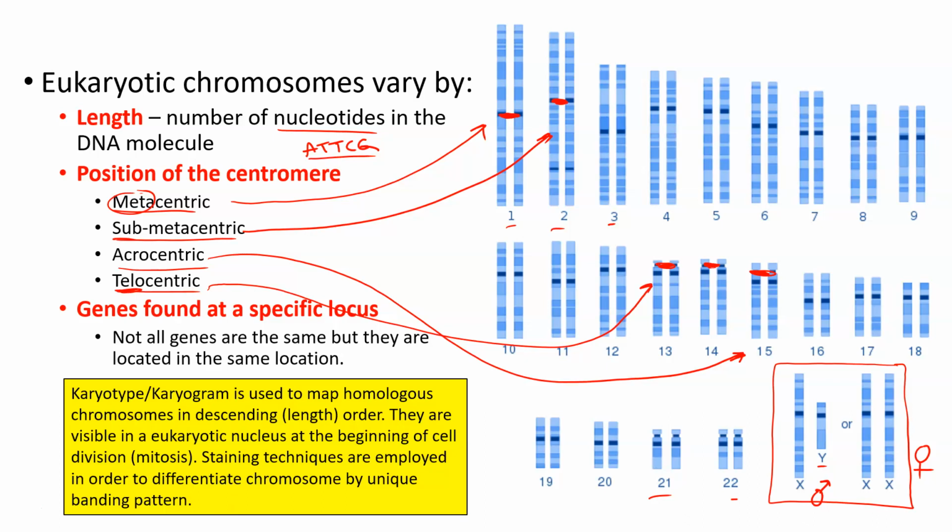What I have on the screen is called a karyotype or a karyogram, and this type of image is used to map homologous chromosomes in descending order by length, which typically goes numerically as well. They are visible in a eukaryotic nucleus at the beginning of cell division, mitosis.